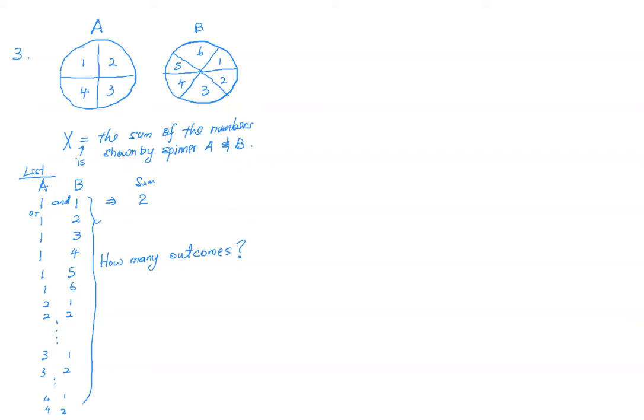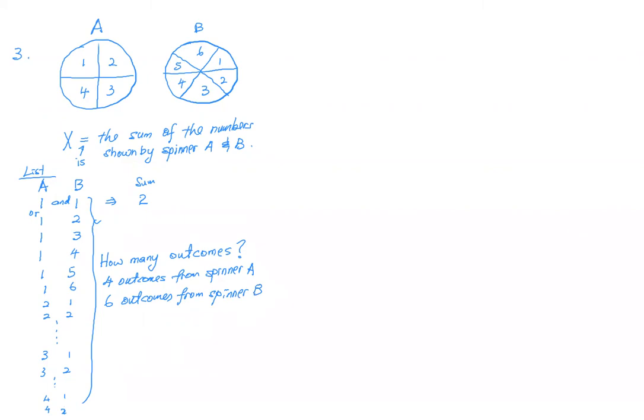Can you tell me the outcomes from spinner A? Four outcomes from spinner A, correct? Six outcomes from spinner B, am I right?